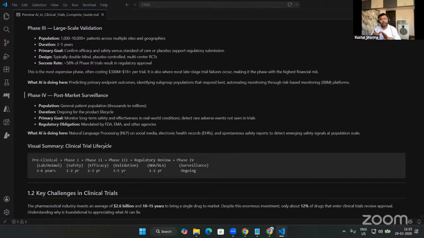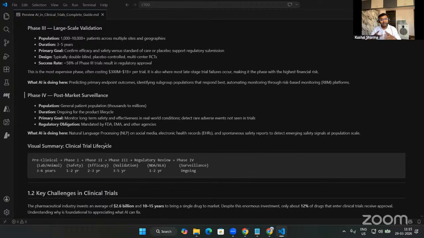It continuously goes on. Primary goal is to monitor long-term safety and effectiveness in real-world conditions. Detect rare adverse events not seen in trials. Regulatory obligations are mandated by FDA, EMA, and other agencies.